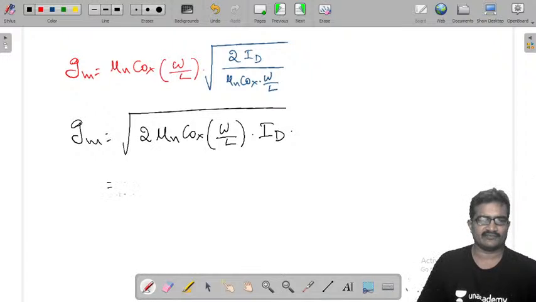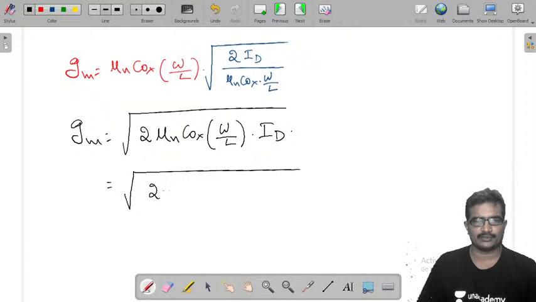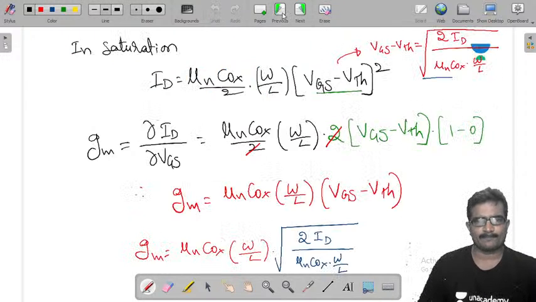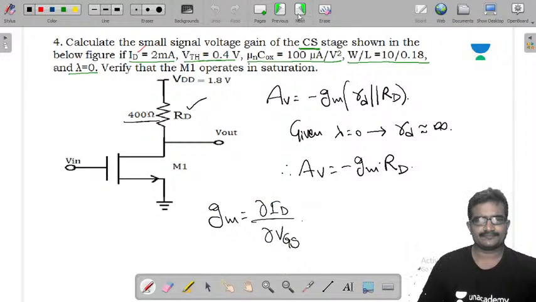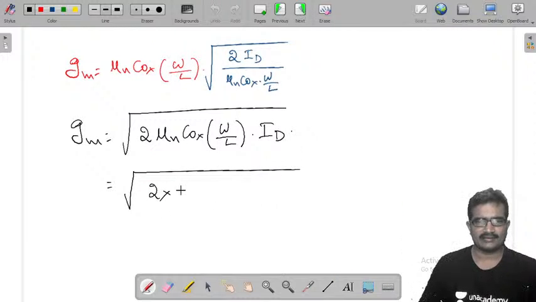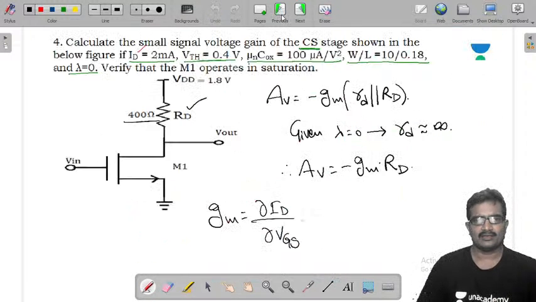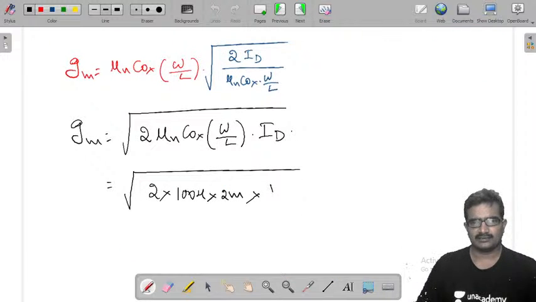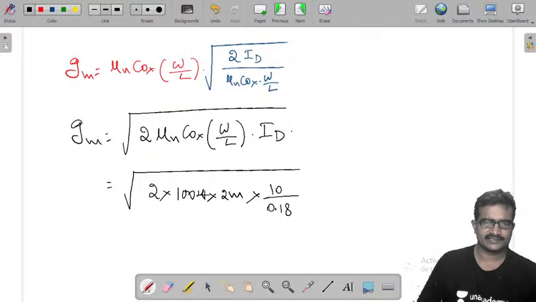Now I am calculating the gm value. Square root of 2 into the given mu n COX value 100 micro into ID 2 milliamperes into W by L. W by L is 10 by 0.18. Just simplify this.